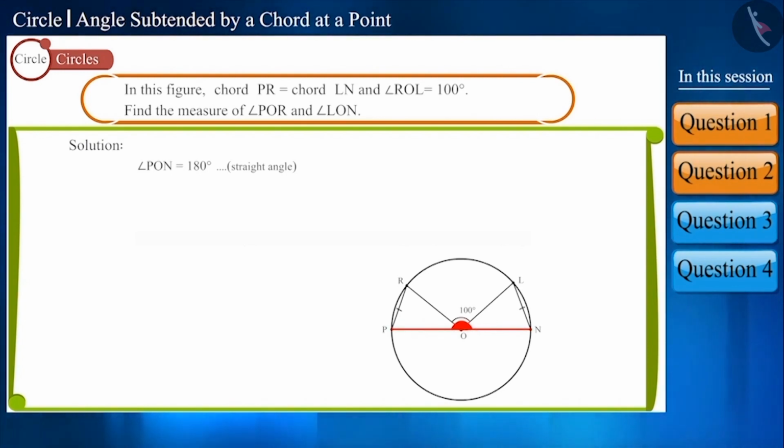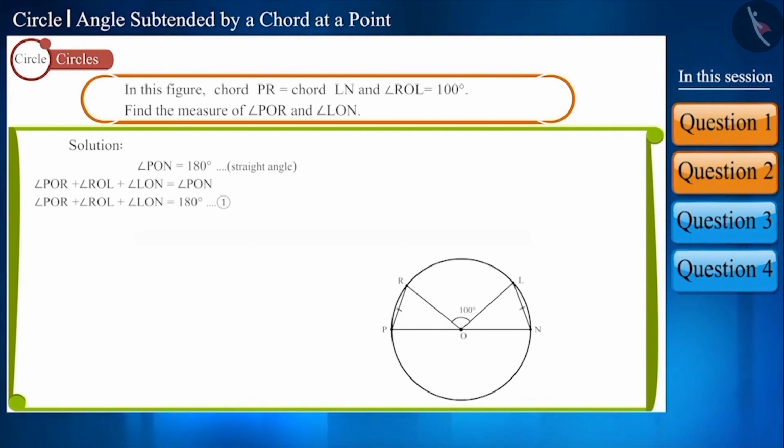You can see that angle PON is made up of angle POR, angle ROL and angle LON. So, we can write it like this. And let's consider this as equation 1.